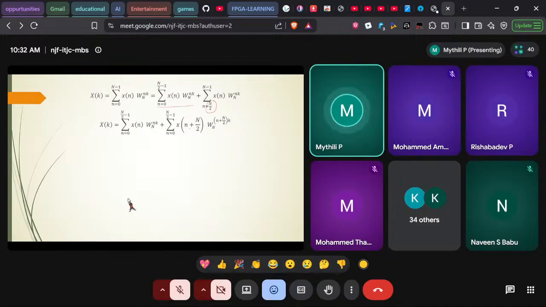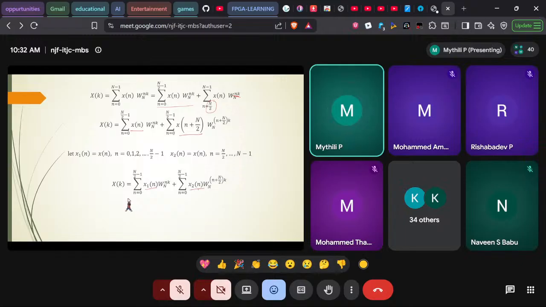So we write n plus N by 2 inside the argument of x, and the n in the exponent also should be replaced by n plus N by 2. Now we can call this x1 of n and this x2 of n.